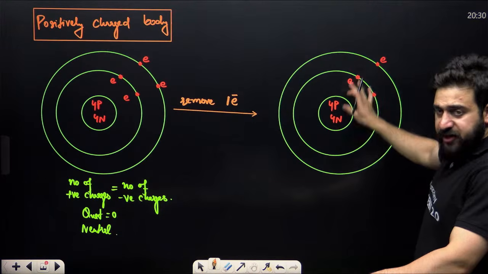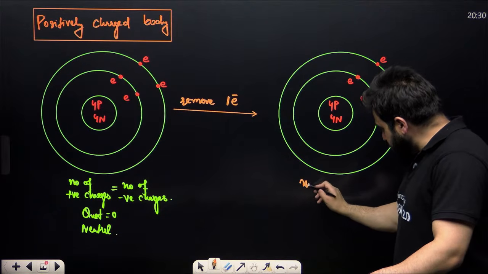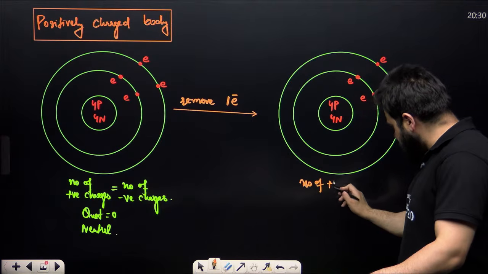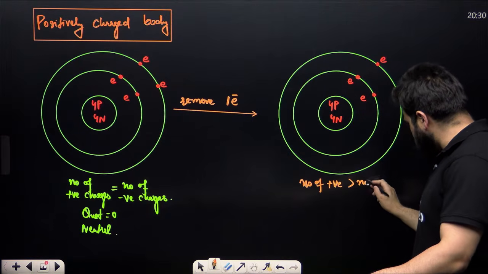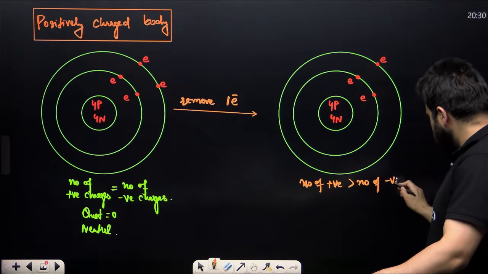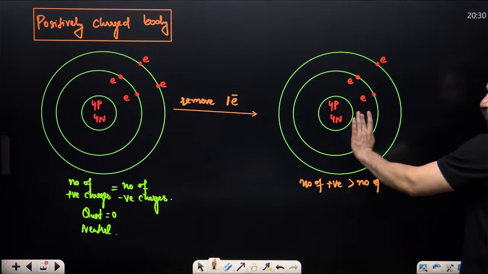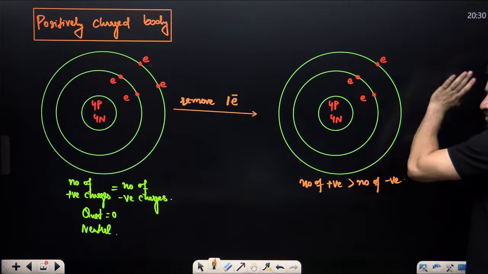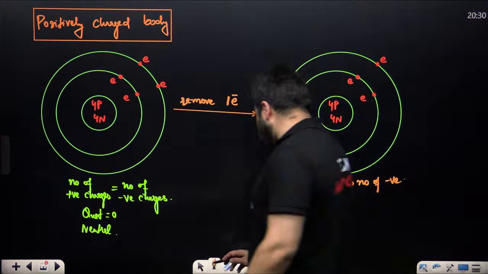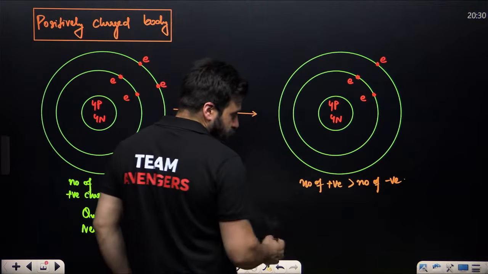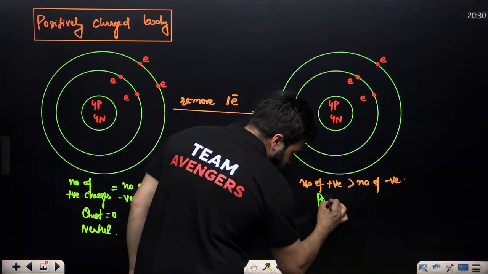Now tell me, after removing one electron, can I say the number of positive charges becomes greater than the number of negative charges? Yes. Because how many positive charges? 4. How many negative charges? 3. So if positive charge becomes greater than negative charge, the body becomes positively charged.